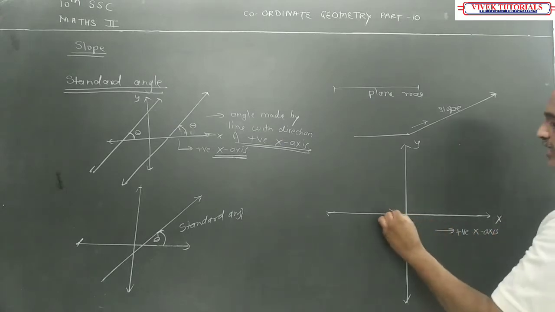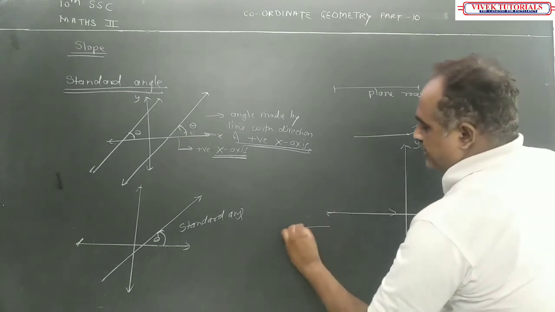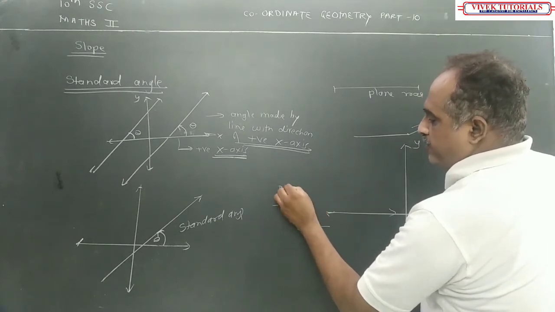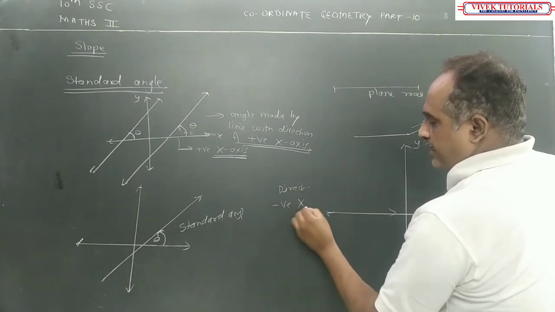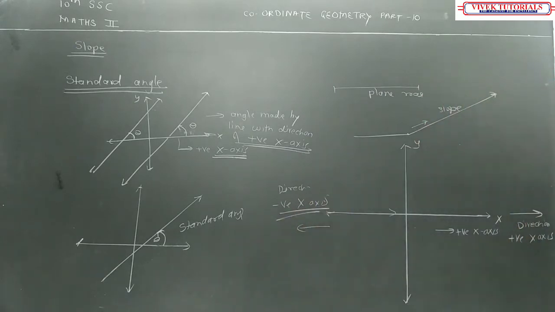This direction is the direction of the positive x-axis. And this direction is the direction of the negative x-axis. ये थोड़े से कॉन्सेप्ट हमें दिमाग में रखने हैं. You got it now?